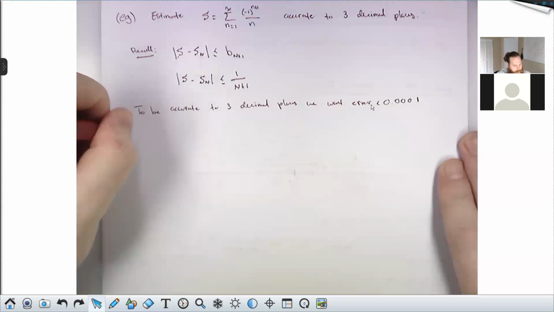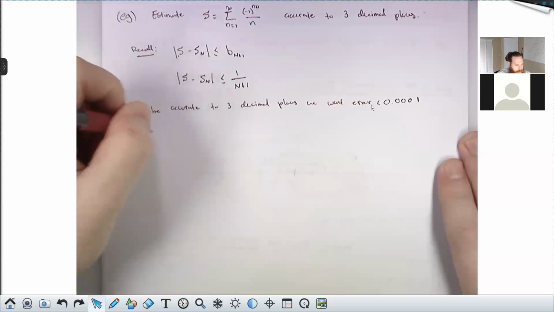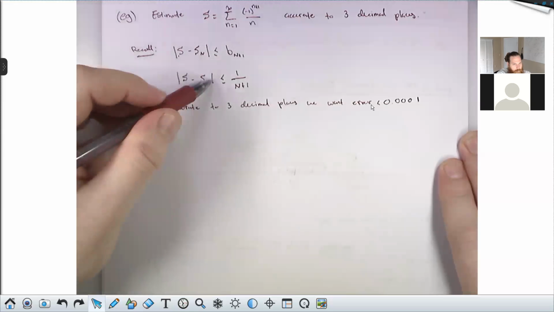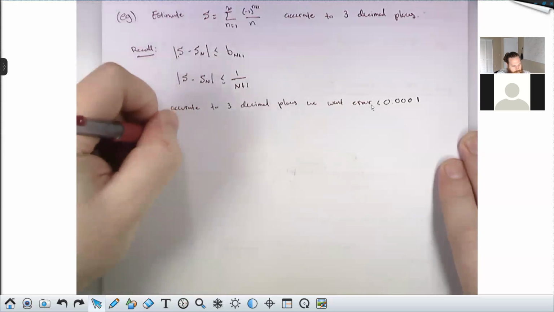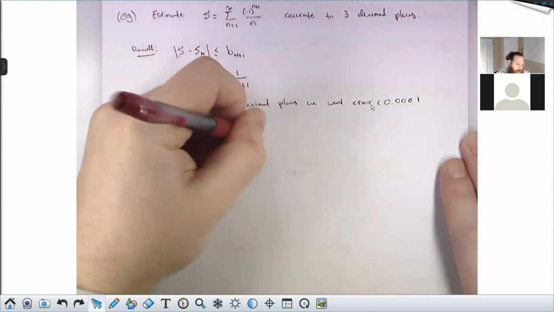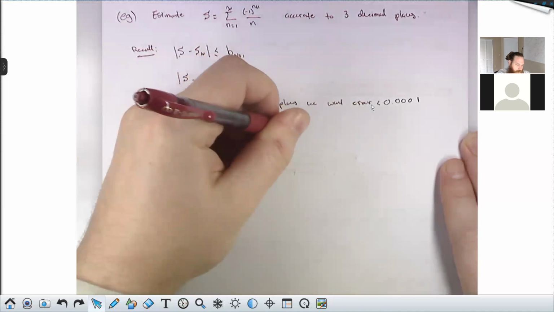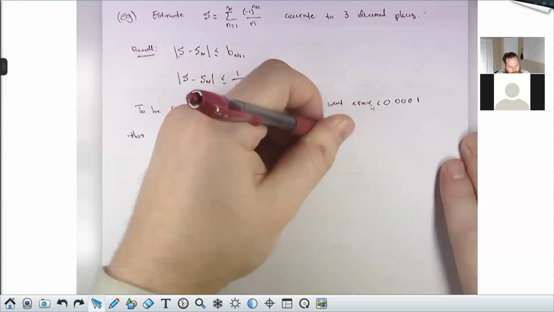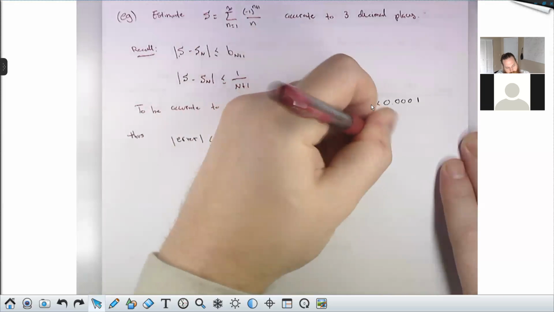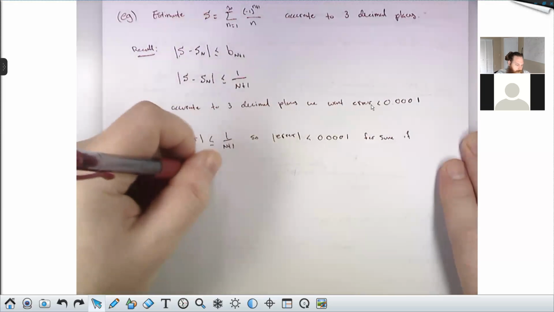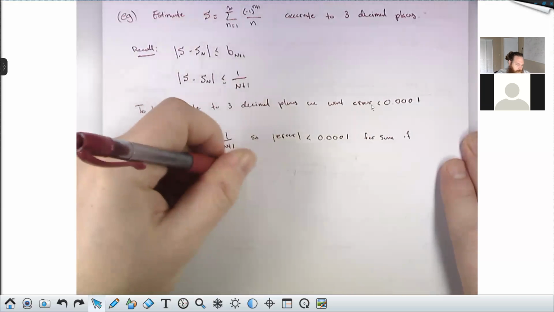So we know that this is the error, and the error is smaller than 1 over n plus 1. So the error will be less than 0.0001 for sure if 1 over n plus 1 is less than 0.0001.